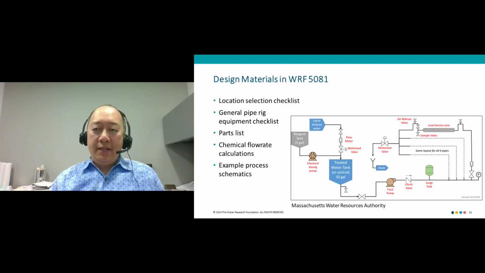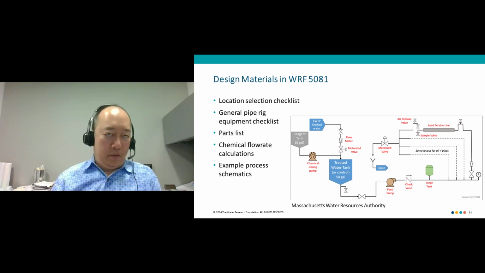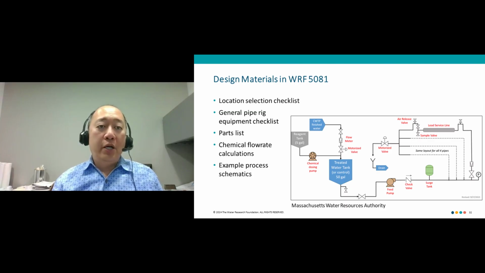So in the design chapter, it laid out a lot of different rigs that the utilities used. And we tried to collate everything together and synthesize this into information that the audience can use at their respective locations. We prepared a location selection checklist indicating everything that you need to look for before putting one of these in. A general pipe rig equipment checklist that you could then use to start ordering materials, a parts list for actual fabrication.